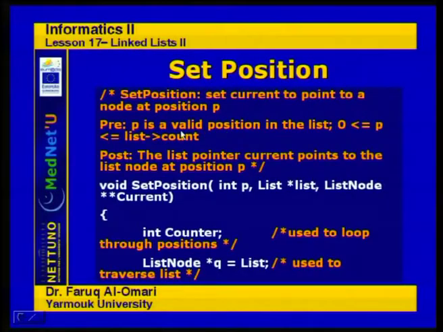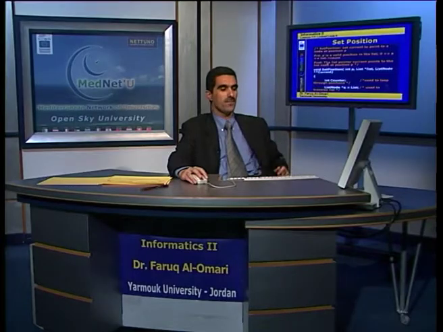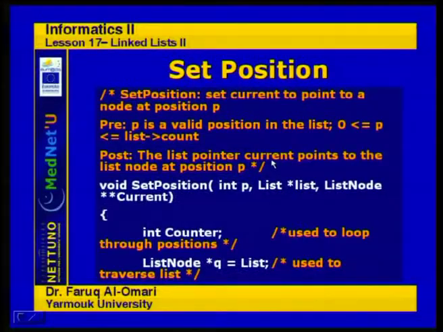P has to be valid, greater than or equal to 0 and less than the list count, which always contains, as we said, the number of nodes in the list. The postcondition for this is that the list pointer, which is called current, points to the list node at position P. It's not going to return a value by itself, but rather it's going to return a pointer called current to the node.